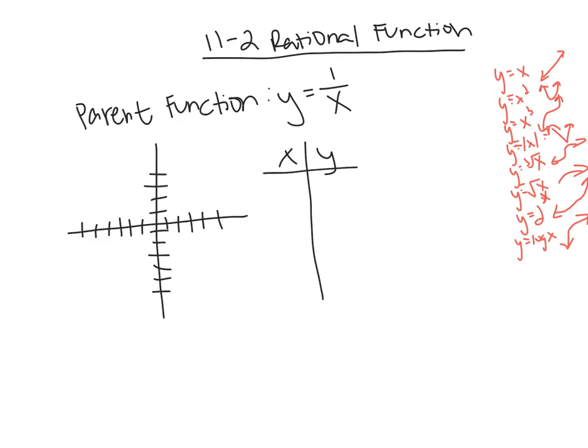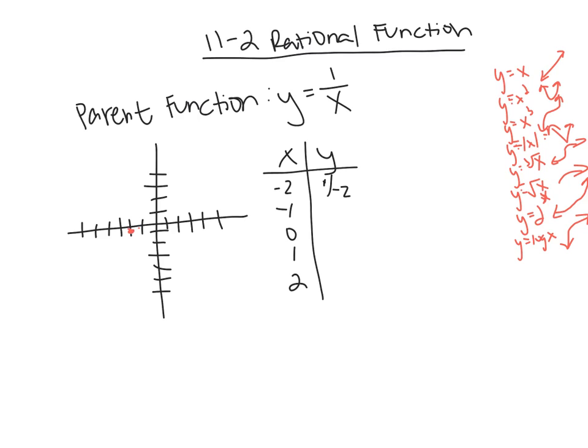Always good numbers to plug in anytime you want to graph an equation without a calculator are between -2 and 2. So let's plug in -2. So what happens when we plug in -2? 1 divided by -2 is just 1 over -2, -1/2. So if I come over here on my graph, I have the point -2, -1/2.